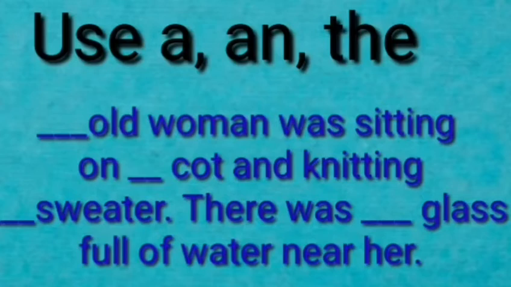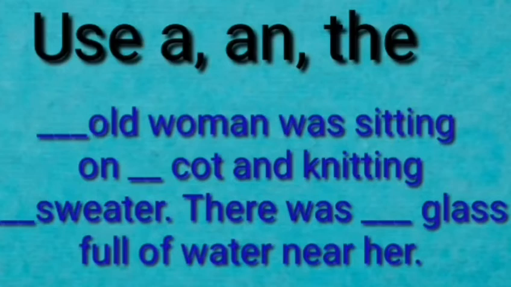Dash old woman. Old. O sounds vowel. So what will be the right answer? An old woman was sitting on dash cot. C sounds consonant. So a cot. And knitting dash sweater. Sweater S sounds consonant.